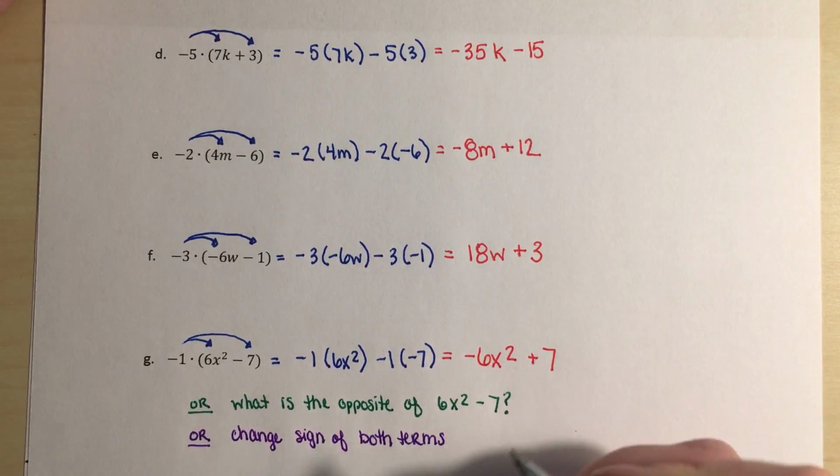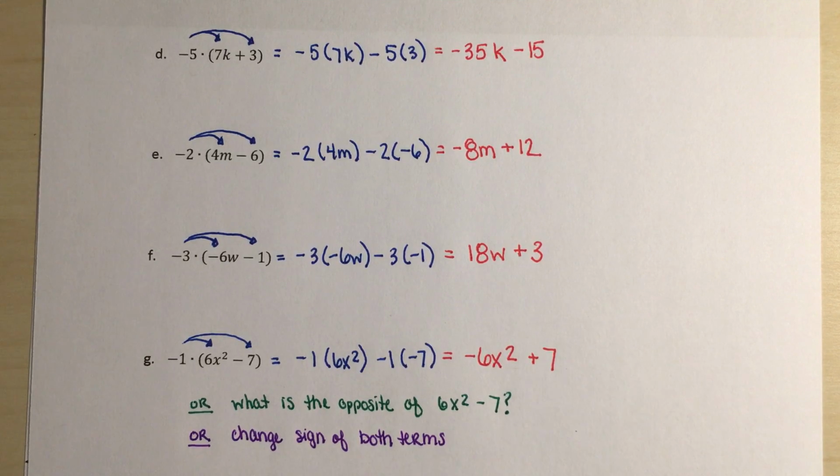And the reason I bring this up is as we progress into the next chapters, if we're solving equations or working with polynomials, we might see a negative sign or a negative 1 out front, and you have some different options as far as your train of thought. But either way we look at these, if we have a negative 1 out front, it's the same as changing the sign of both terms or finding the opposite of what we have inside.